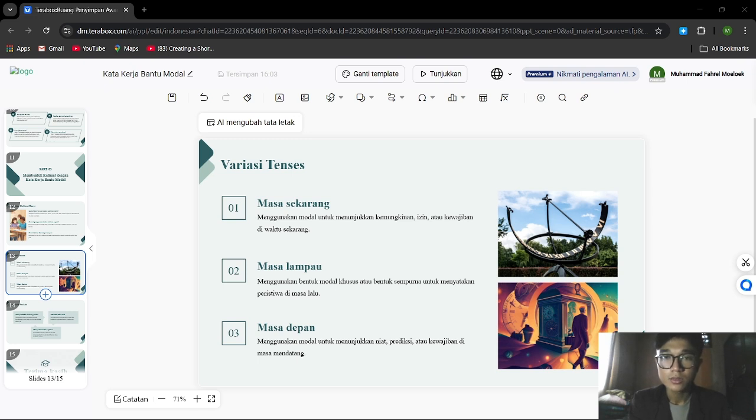Past: to talk about the past, we often use specific forms like could or a perfect modal structure, like modal plus have plus verb 3. For example, he could swim when he was 5. And for the future, we use modals like will or may to show intention, prediction, or upcoming obligation, such as I will meet you tomorrow.